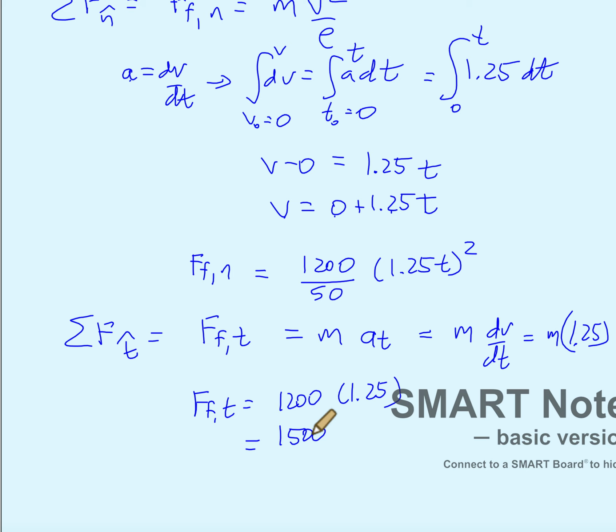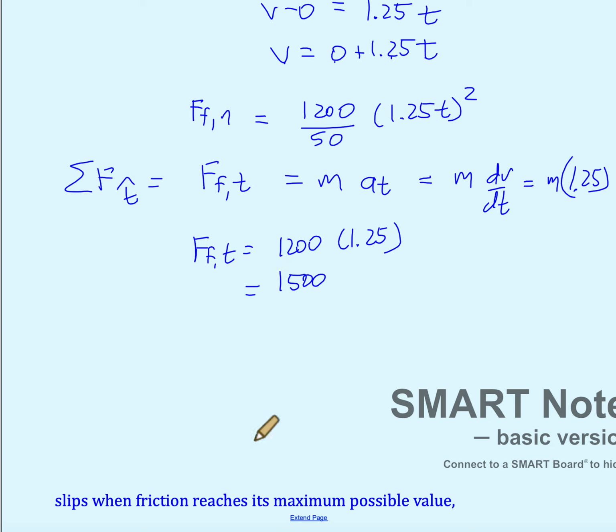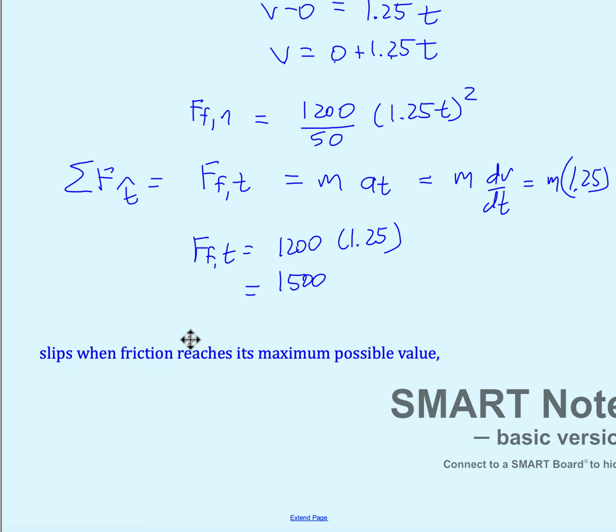Now, what are we asked to actually find in this case? Well, we're told that the car speeds up from rest and eventually it begins to slip. Now, it will do that when friction has reached its maximum possible value. What is the maximum possible value? Well, friction is the maximum possible static coefficient times the normal force.